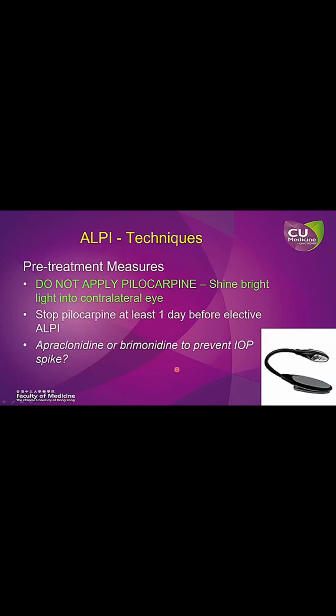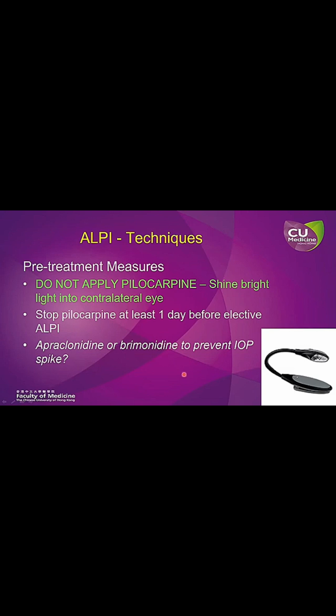In some texts, it is described that you can use pilocarpine to constrict the pupil before applying ALPI, but personally, I do not do that. What I do is I apply a bright light into the contralateral eye. By doing this, I induce a pupillary constriction, thereby allowing me to access the far peripheral part of the iris with laser applications.